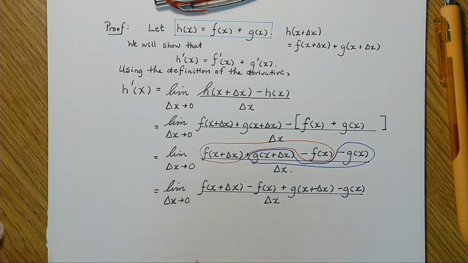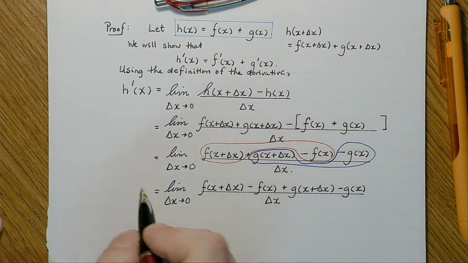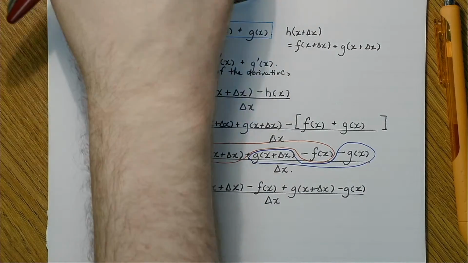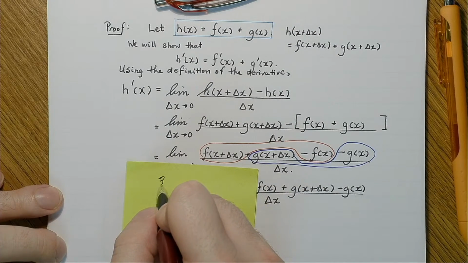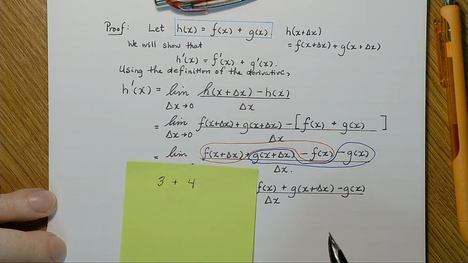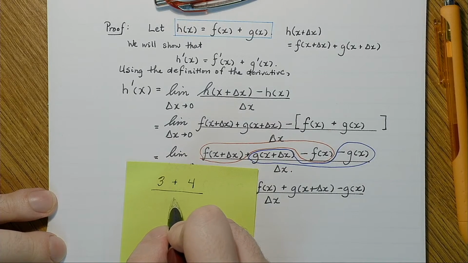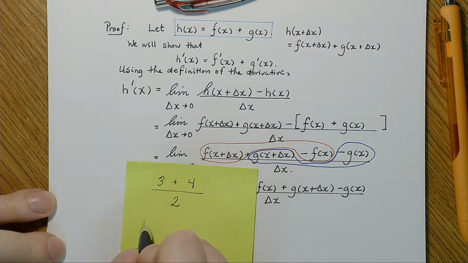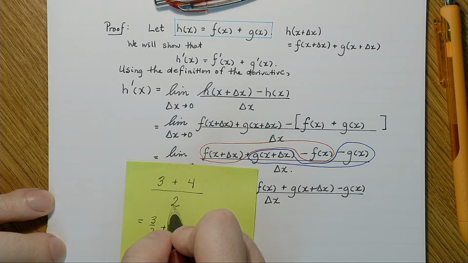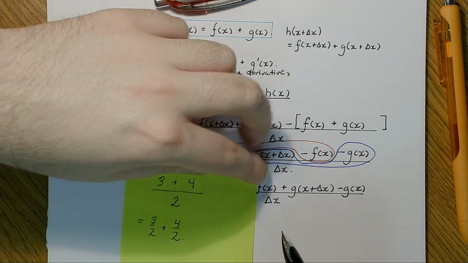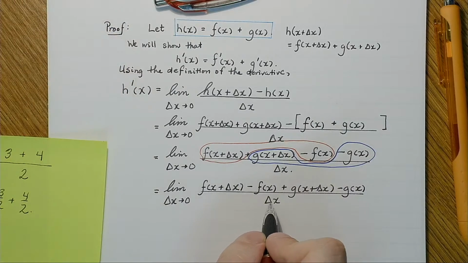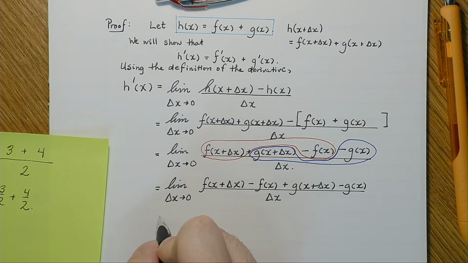Okay, so the other thing too is, just as an aside, if you have 3 plus 4 divided by something like 2, that's equivalent to writing 3 halves plus 4 halves, right? So what I've done is I've written the denominator with each of the terms in the numerator. And the same thing here. I can do the same thing. I can group them however I want.